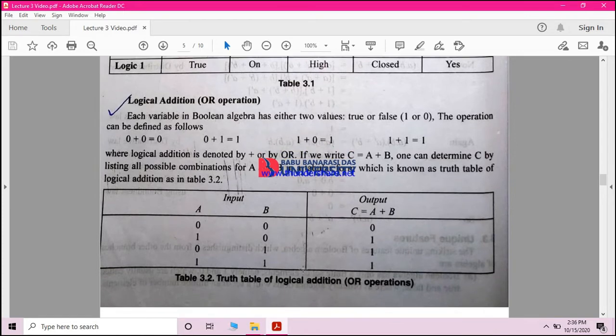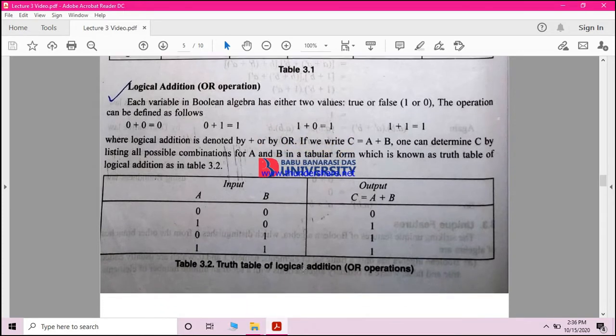Let's see what a logical addition is, also called the OR operation. For example, suppose you are writing a program and you have written two conditions, condition 1 or condition 2. Your loop or the next statement will only execute if any of the conditions is true.